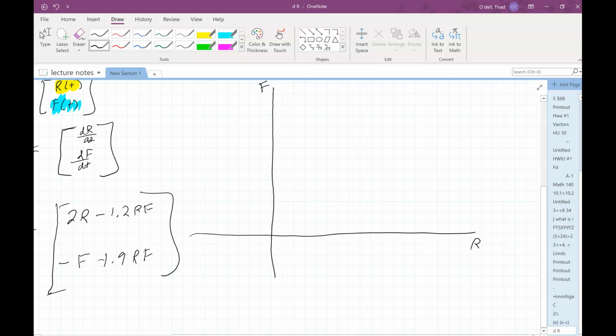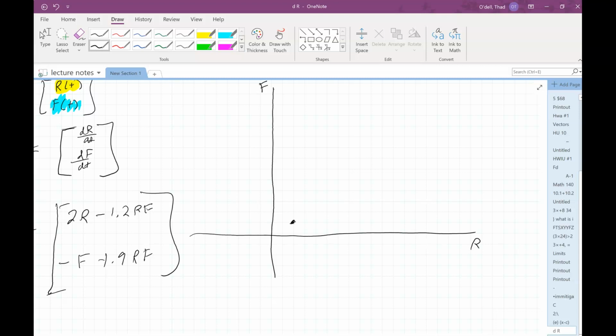If we pick some random point like (2, 1) and put a little dot there, we want to know that if the rabbit population was 2 and the fox population was 1, what would the solutions of these differential equations look like? That's what we're trying to get at, right?